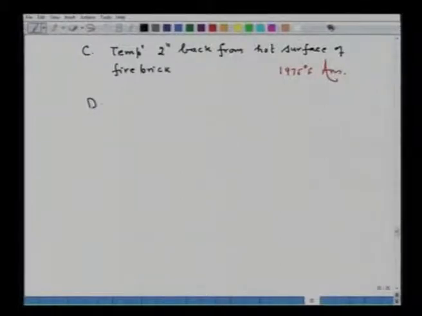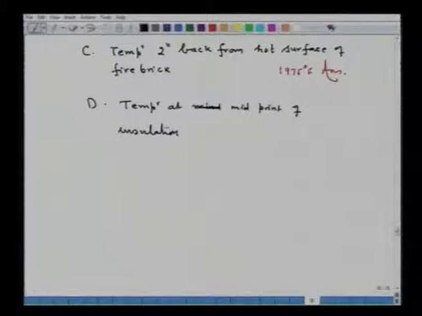D, temperature at the midpoint of the insulation. This temperature will be 985 degree Fahrenheit. So, this is the answer.